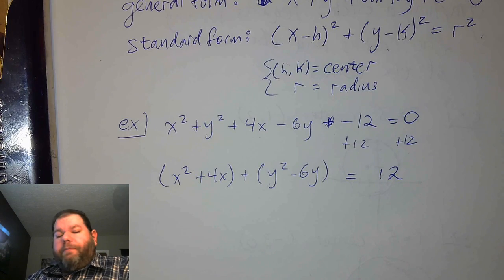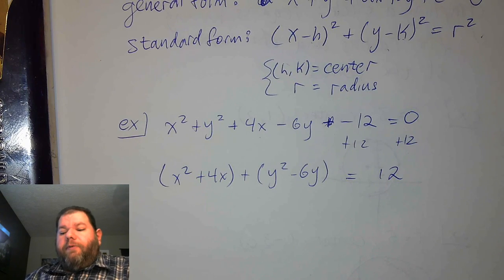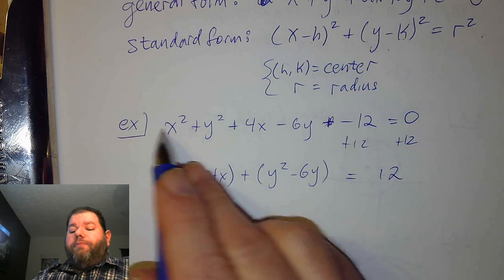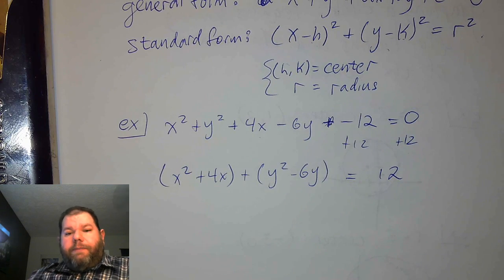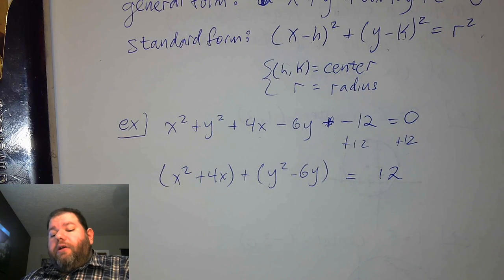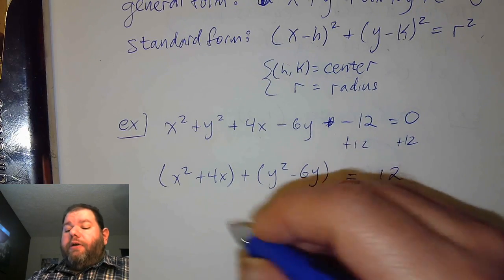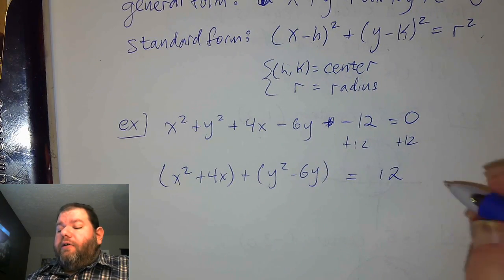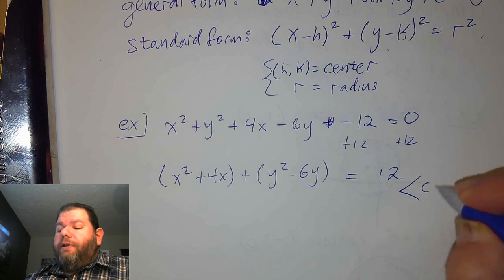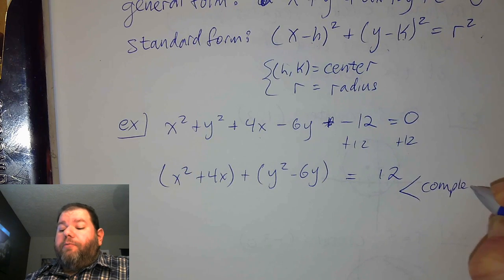So that's always the first step, is move the constant over and then group the x's and then group the y's. Now, what we need to do next, this is the most important step, is we'll go ahead and complete the square in both parentheses.